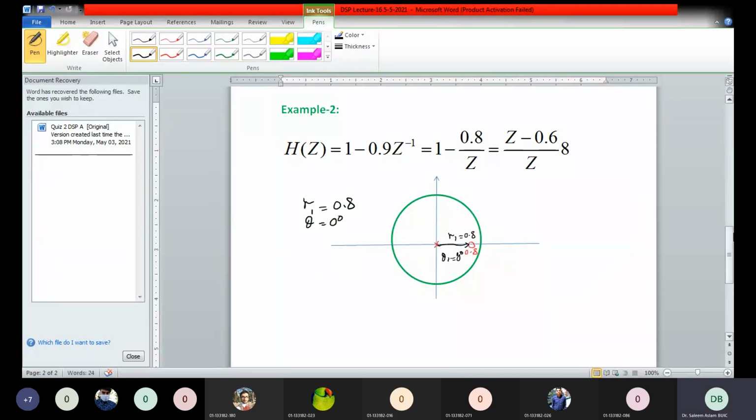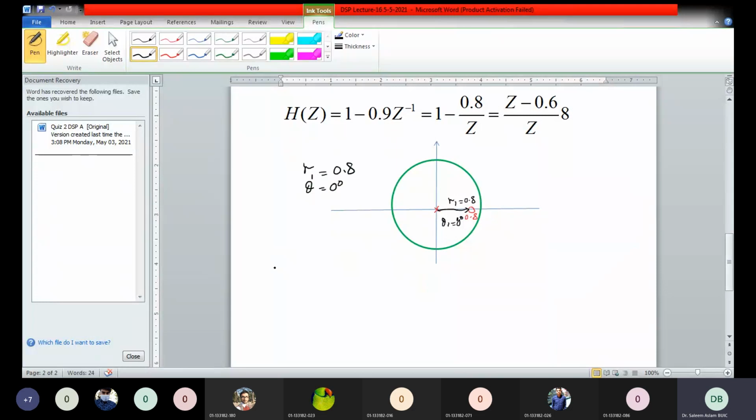Now we know that we can find the minimum value of mod H e to the power j omega at omega is equal to theta. So what is the value of theta? This is again, in our case, equal to 0 degree. And what is this expression? This would be 1 minus r1. And what is the value of r1? It is 0.8, so its value is 1 minus 0.8, which is equal to 0.2.